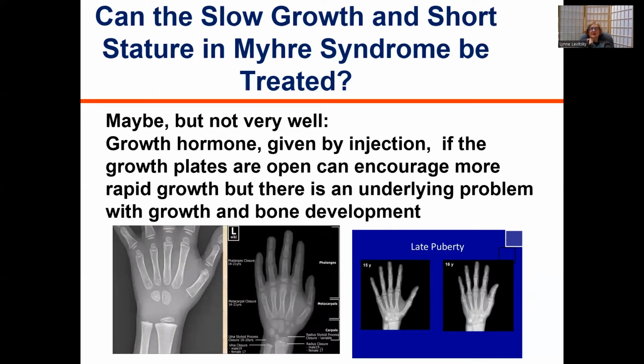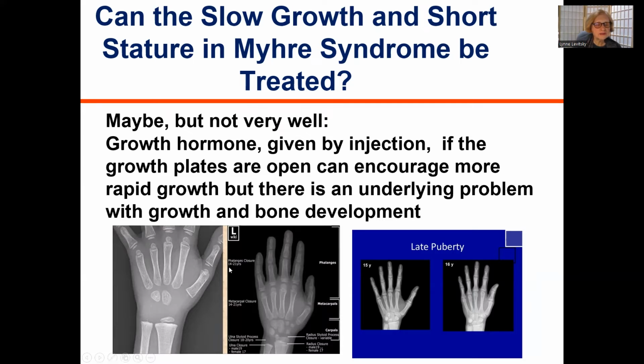But if there's an underlying problem with cell growth and bone development, they may not grow quite as well as you would expect. So the way we look at this is by looking at bone age x-rays, and I'm sure you probably have shared these with doctors over the years. These are some bone age x-rays, and when you stop growing, all these little spaces fill in over here. And those are the growth plates in here. They are actually cartilage.